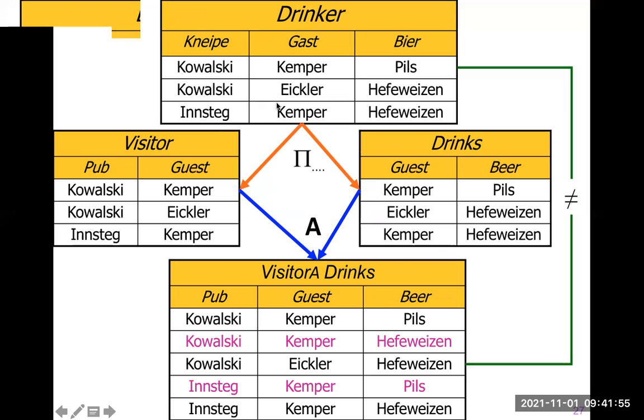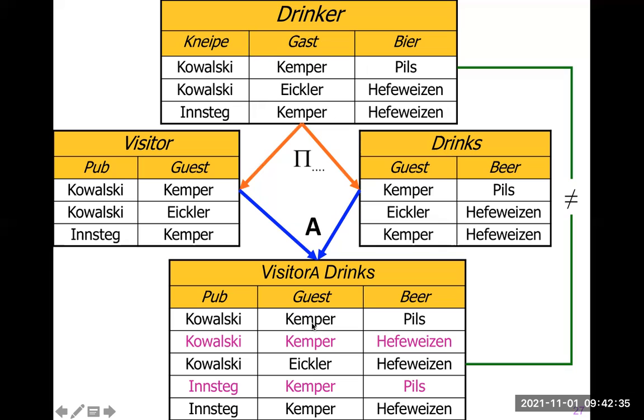Essentially, this table is filled with all the combinations of the original domains for columns, and that would not bring us any new information on the domain. Originally, the table keeps only appropriate combinations, and we know that Kemper goes to Kowalski pub and drinks Pils there, and that Kemper doesn't go anywhere else besides Instack and doesn't drink anything else.